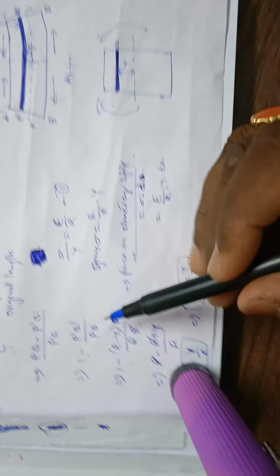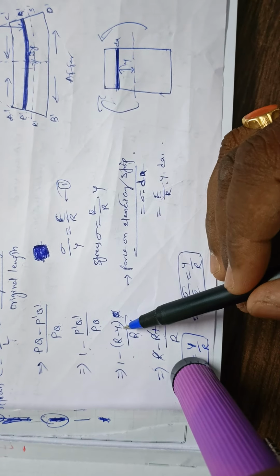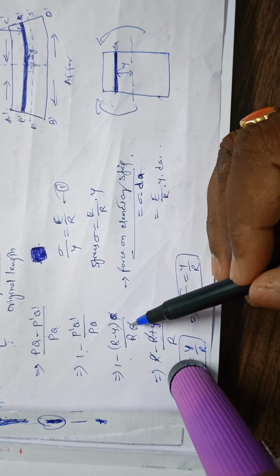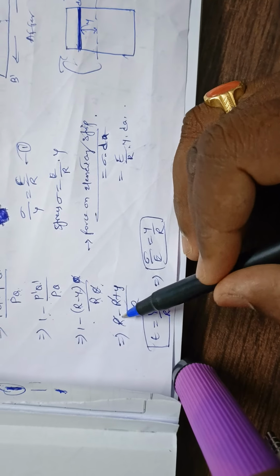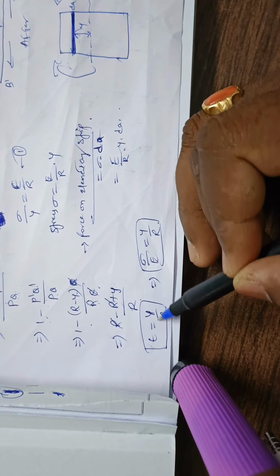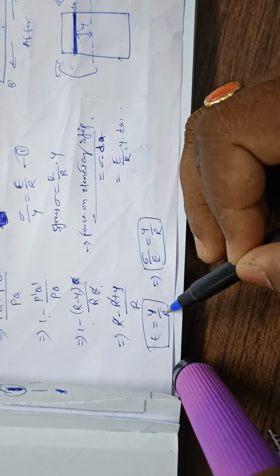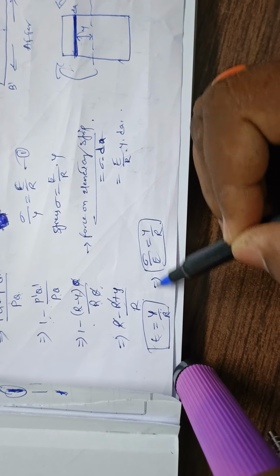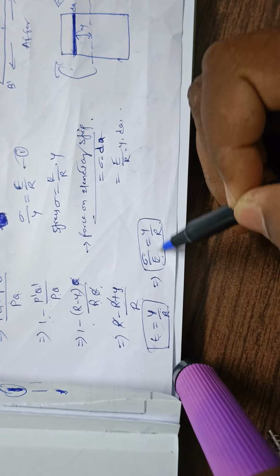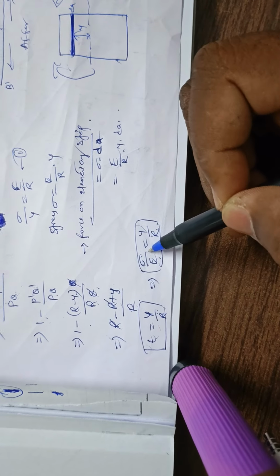So P dash Q dash is written as R minus Y, and this theta is cancelled. Then it is equal to R minus R plus Y by R, and R cancels, so you will get epsilon equal to Y by R. This Y by R can be written as sigma by E is equal to Y by R. This is our strain condition now.